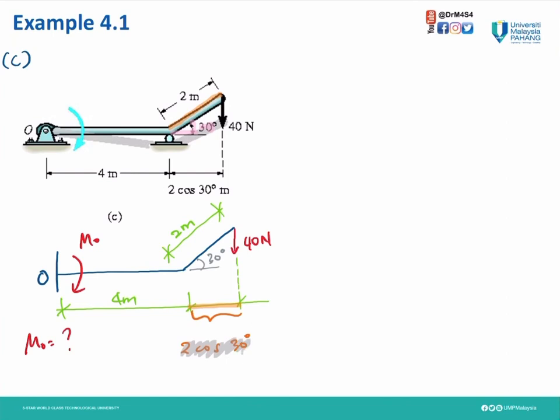In this question it's given to you. However, if it is not given, you should be able to calculate it using trigonometry. Here is your force, 40 Newton. From here up to here is the perpendicular distance.